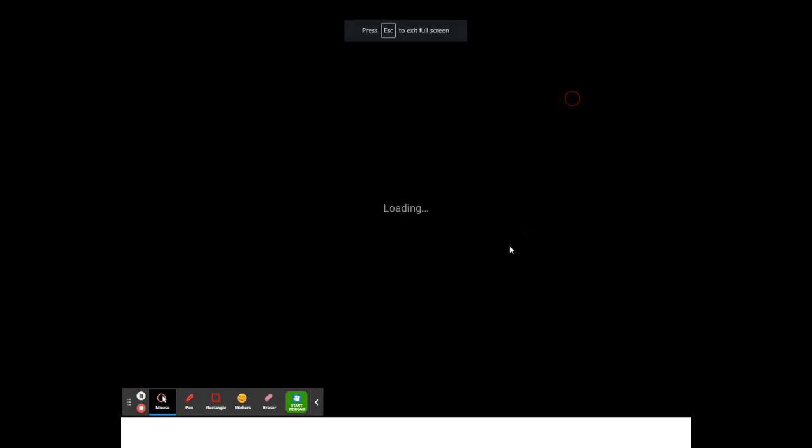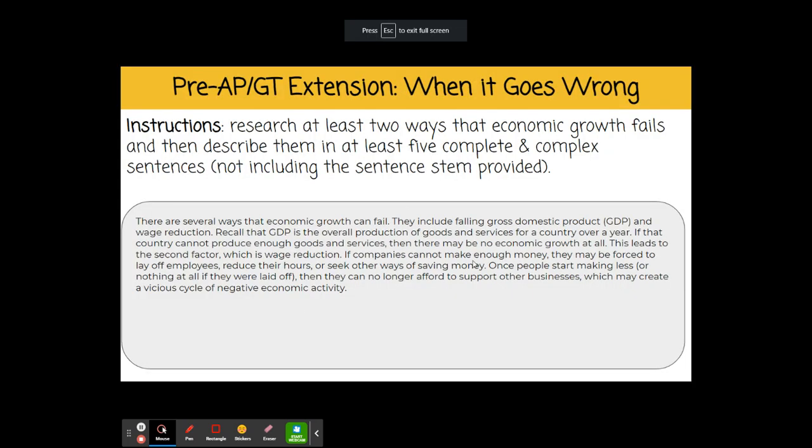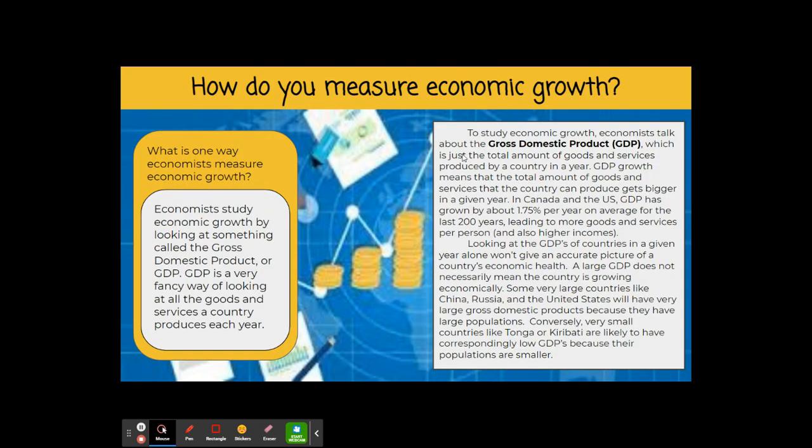Okay, let me get this back in present so that you can see that I included falling gross domestic product, and I also chose wage reduction. You'll see here that it can create a cycle, which is a devastating thing to an economy. Because if GDP falls, which is something you should have learned right here, gross domestic product, that's the total amount of goods and services produced by a country in a year.